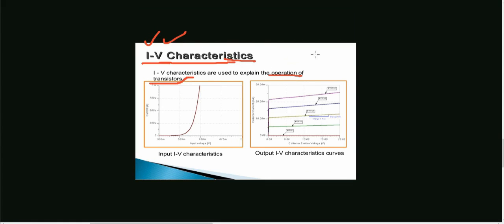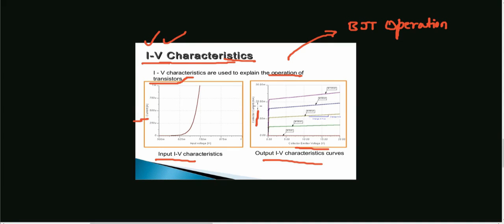The operational behavior of a BJT can be seen by plotting the input and output characteristics. When I say output characteristics, it is the collector-emitter voltage on the x-axis, and we have the collector current as the output.